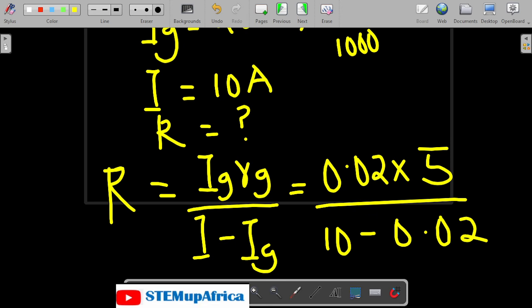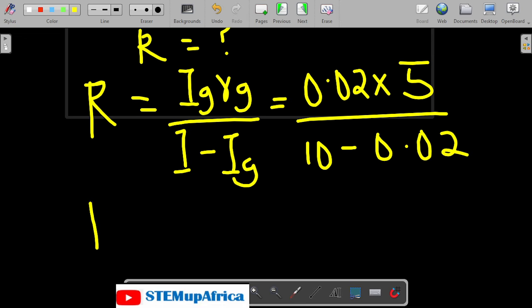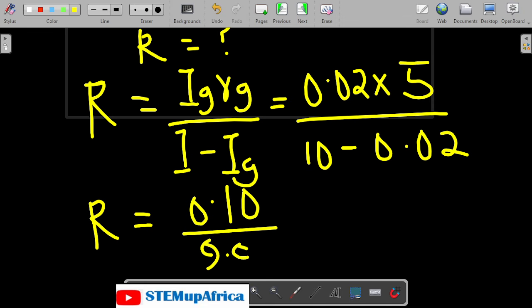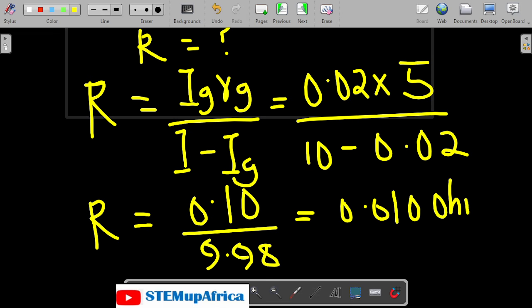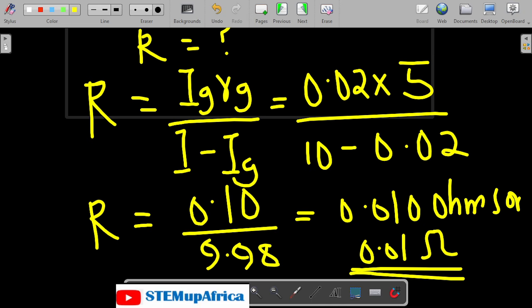So it is as simple as that. So let's see, my R now becomes what? If I multiply the numerator, it gives me 0.10. If I subtract the denominator, I'm going to have 9.98. If I divide, it gives me 0.010 ohms. Or you can just write it as 0.01 and put the symbol of ohms. Any one of them can serve. So this is question number 9. So let's go to question 10.